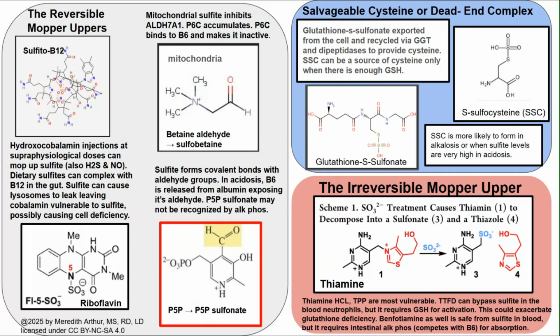Sulfite, though, also can form a sulfonate with P5P, but this is reversible. So as the levels of sulfite go down, wherever this P5P, or the pyridoxal form of B6, is, it will actually come off of the B6.